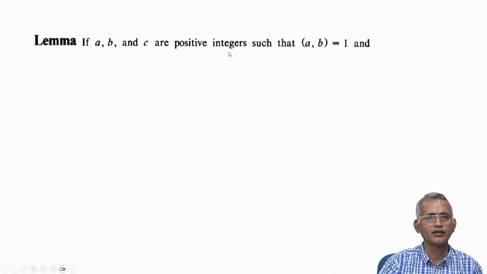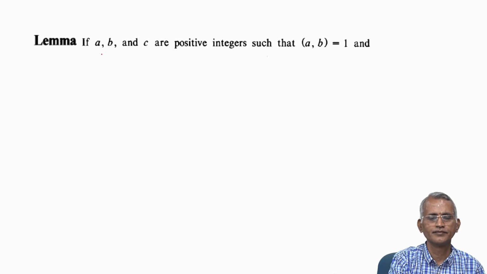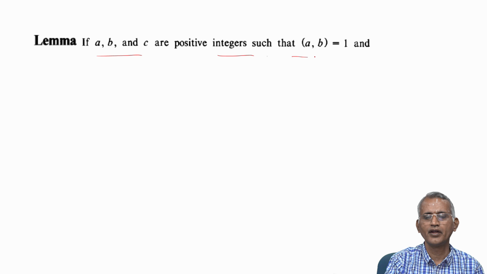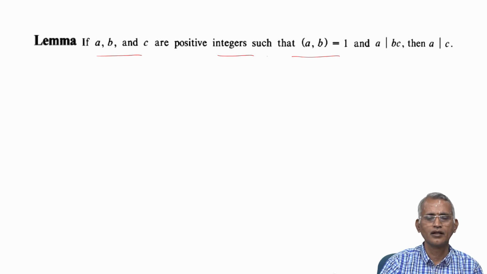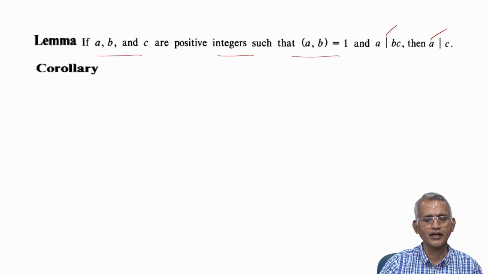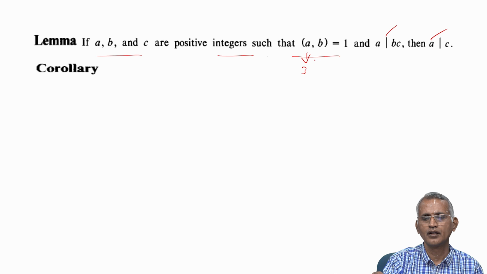Now, we have a lemma: if A, B, C are positive integers such that the GCD of A comma B is 1 and A divides BC, then A divides C. Let us understand the statement. You take A as 2 and B as 3, whose GCD is 1, and then you take C as another positive integer, let it be 5.